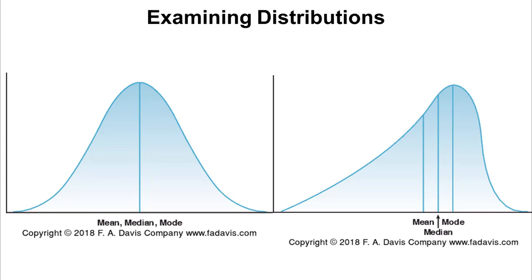Normally distributed data has the mean, the median, and the mode all at the same point. Okay, the mean is the average. The median is the middle number of all the data, and the mode is the most frequent number in all the data. This is contrasted to the picture on the right-hand side of the slide, where the data is no longer in a nice bell-shaped curve.